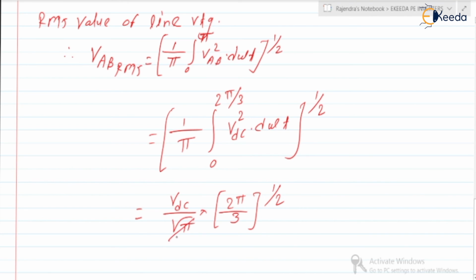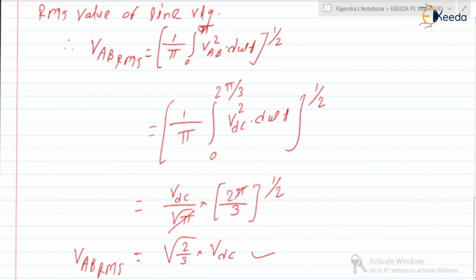The root pi gets cancelled, so it is under root 2 by 3 into VDC. This is VAB RMS, the RMS value of the line voltage.